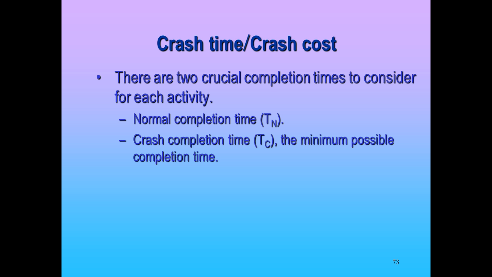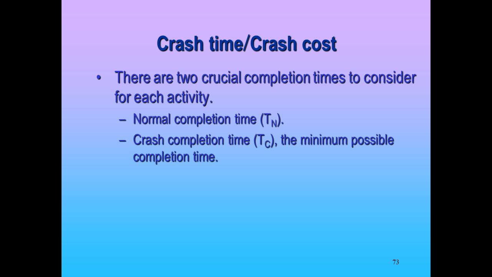For this one, we take the crash cost minus the normal cost, divided by the normal time minus the crash time. So this would be 2,000 minus 1,000 is 1,000 divided by 5. Each additional day is costing me $200.